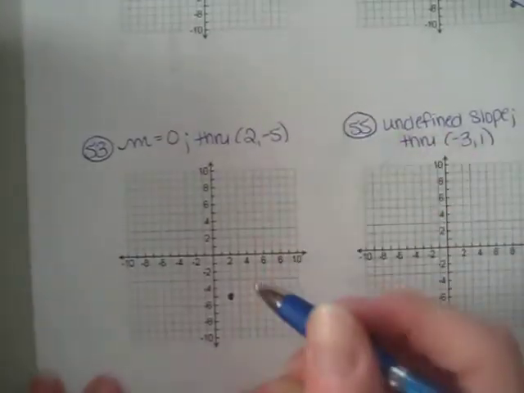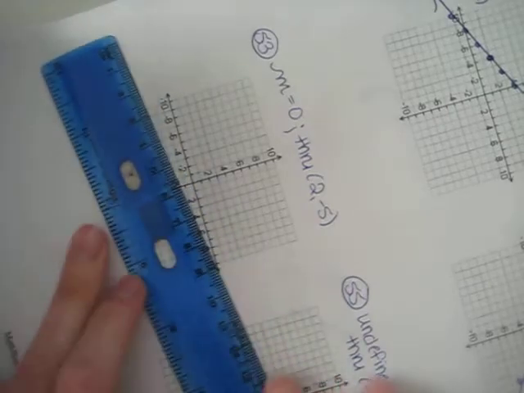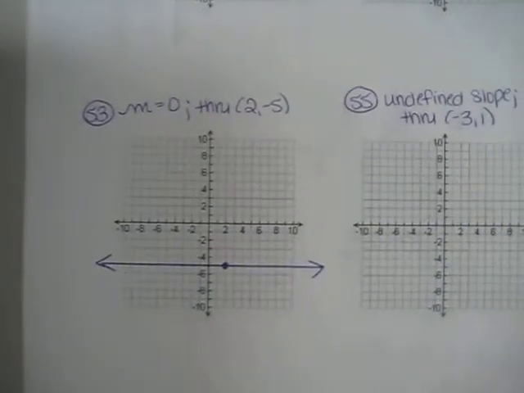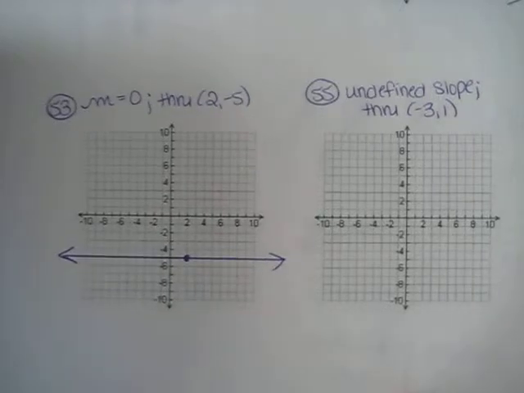So I am just going to take my straight edge, put my straight edge through that point, and I connect it. And there we have our line. So again, slope that's 0 is a horizontal line.